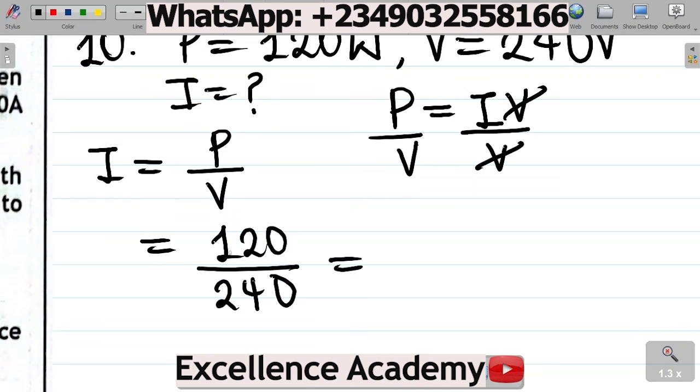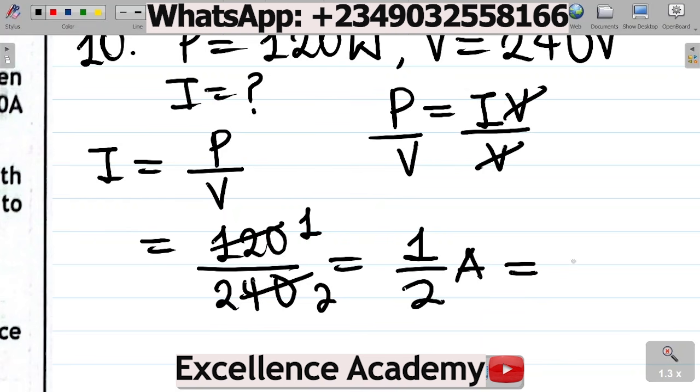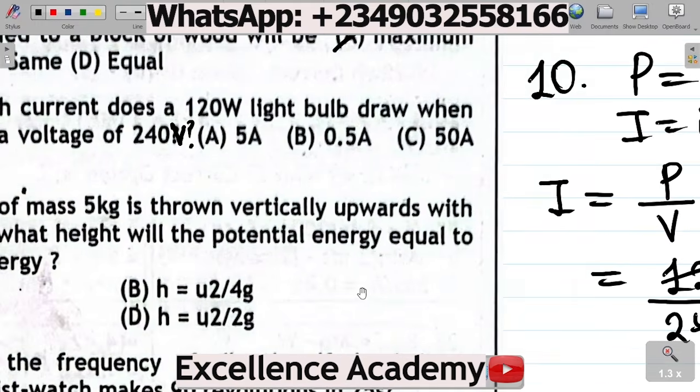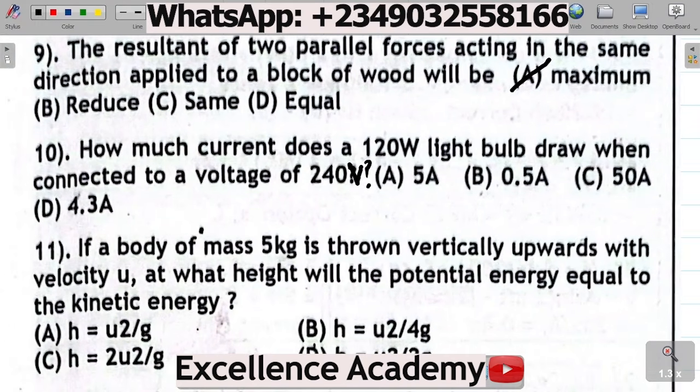If you reduce this to lowest terms, this is 1 and this is 2. That means the current I is 1 over 2, which is 0.5 amperes. So the correct answer there is 0.5 amperes, and that is option B.